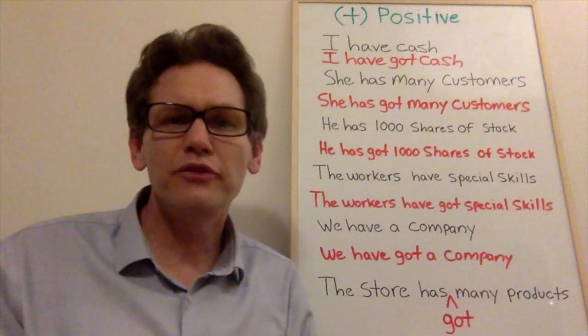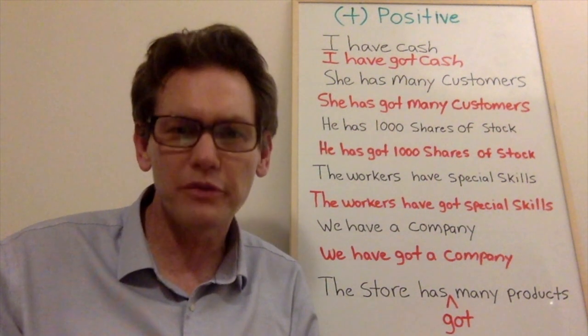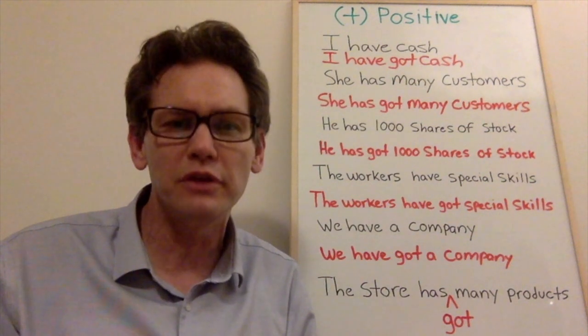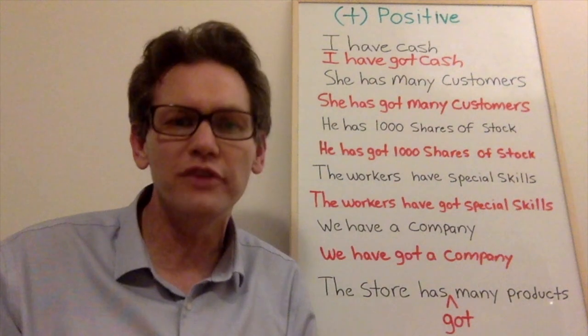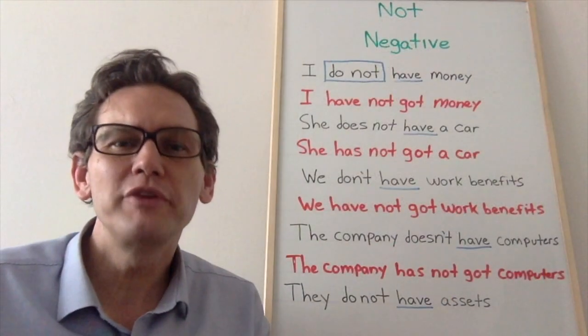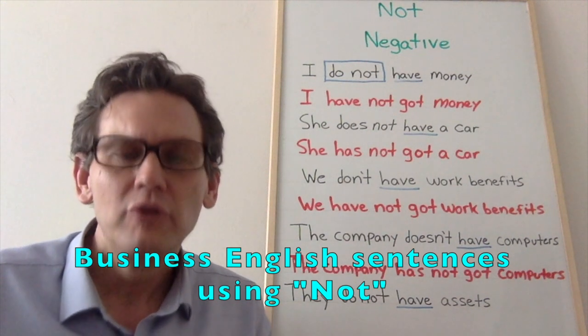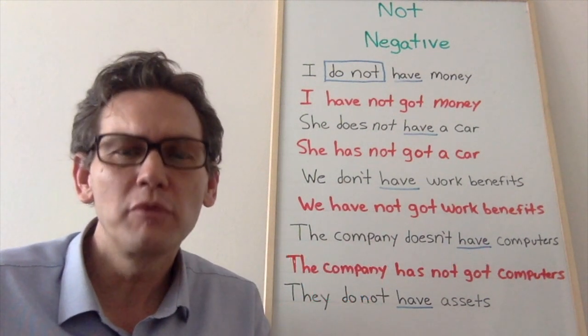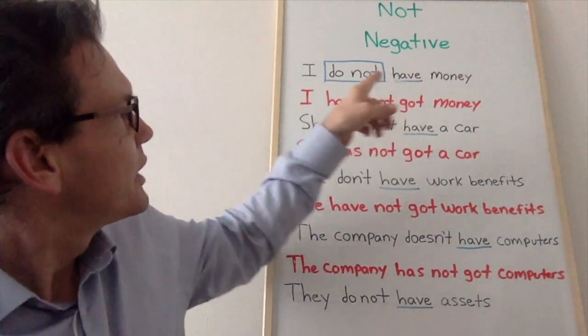Okay, let's move on to the next part and focus on the negative type of sentences, which I touched on a little bit before, and see how they are different in business English. Okay, so here are some business English sentences using the negative form not. Remember, the American form with not is very different. Let's look up here at this sentence.